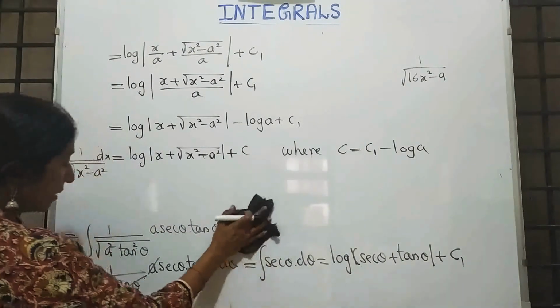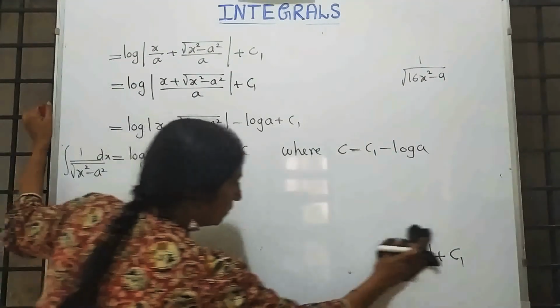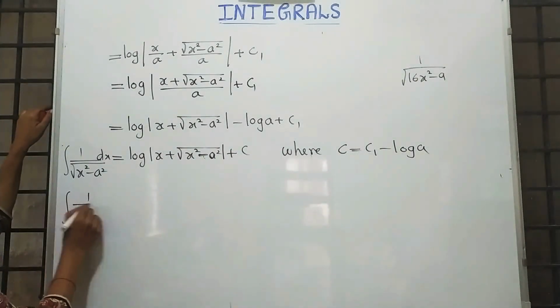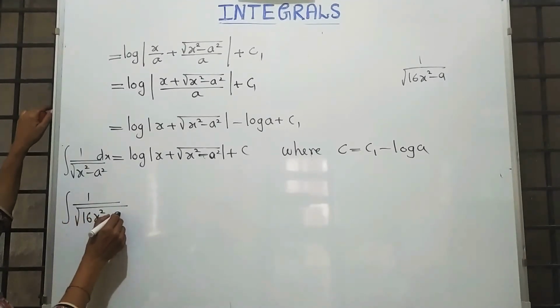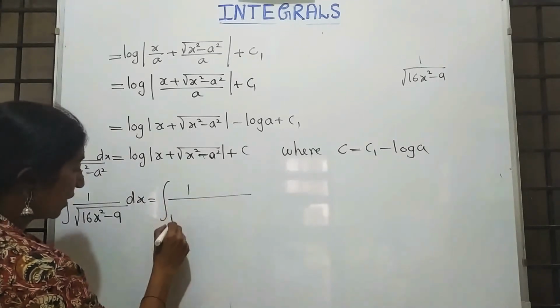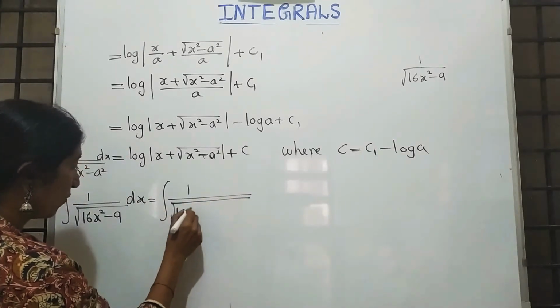Now write down the example exactly below. 1 upon root of 16x square minus 9 into dx. With x square we don't want any number, so 16 is common under a root.